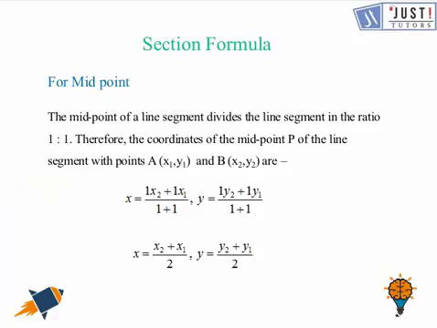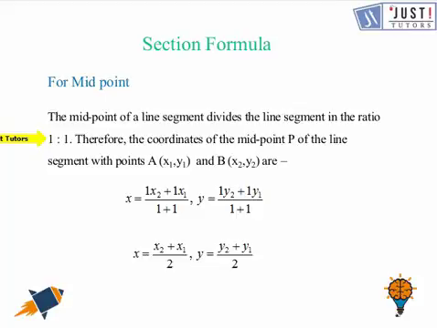Let's move ahead to work with the section formula when your point P is exactly midway in the line segment. That is, now we are working for a midpoint. If you think of a midpoint, then the line segment will be divided into a ratio of 1:1. So m to n is basically 1:1.